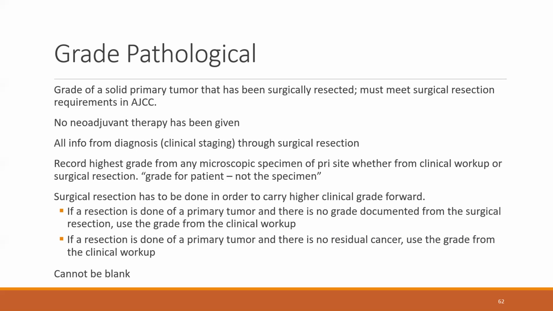The surgical resection has to be done in order to carry a higher clinical grade forward. So if there's a resection done of a primary tumor and there's no grade documented from the surgical resection, you can bring down the clinical grade into the grade pathologic field.